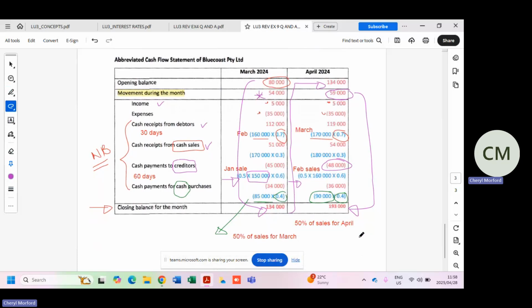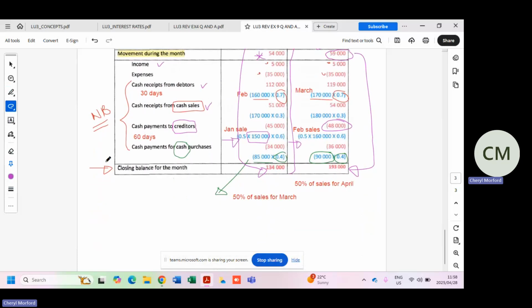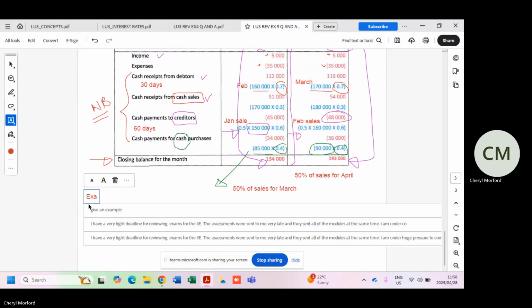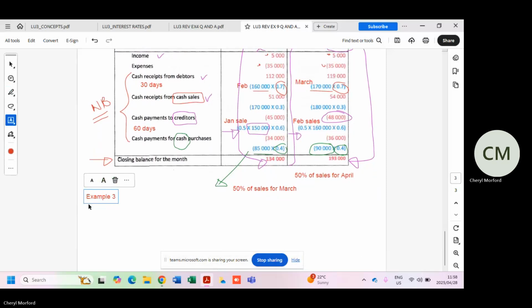And just to repeat those ones again, sorry, while I'm just getting the book. You can have a look at example 3.1. Let me just type these for you. Example 3.1 in both scenarios.